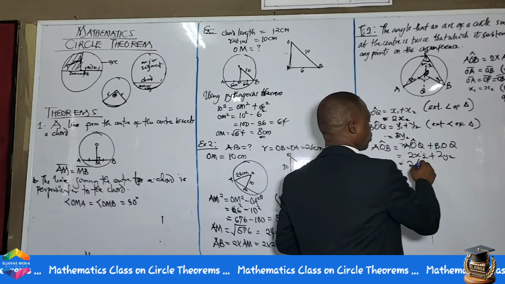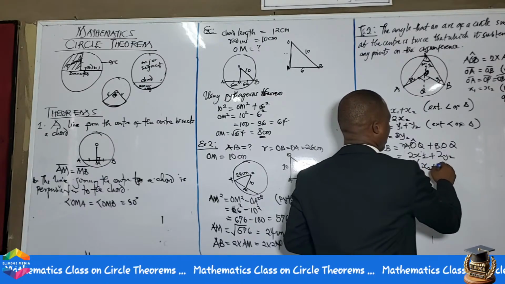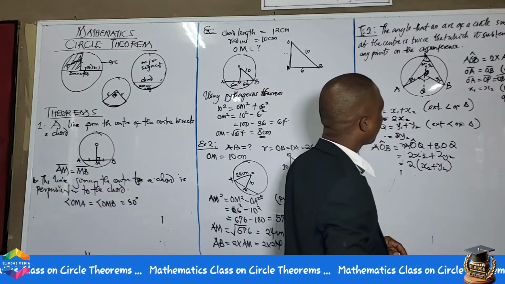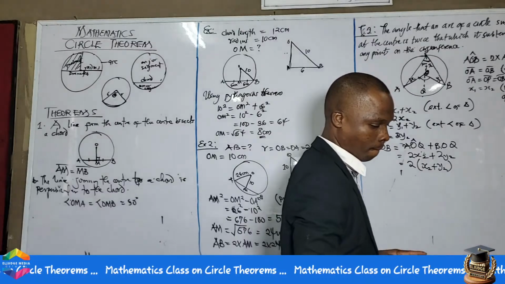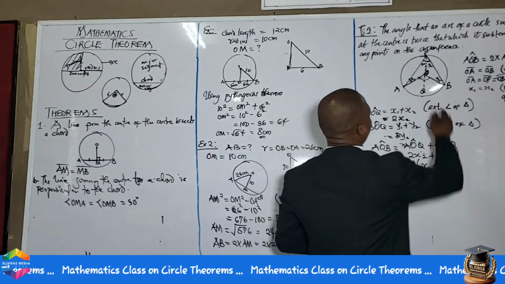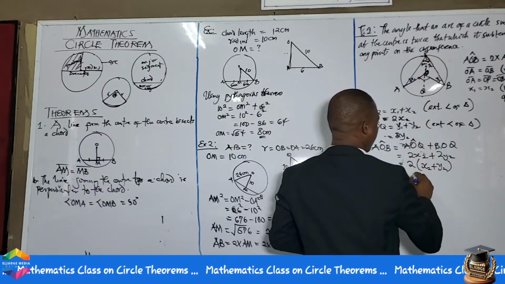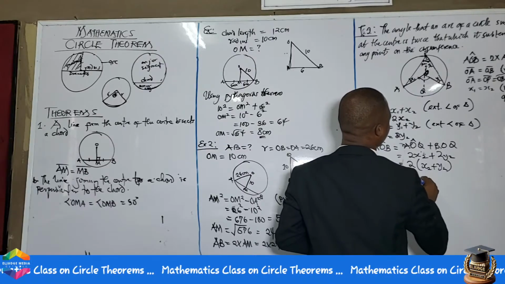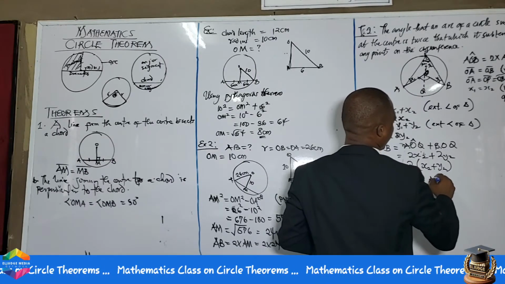So we can bring out the 2: 2 times (x plus y). From here, we can see that x plus y is actually the angle APB.